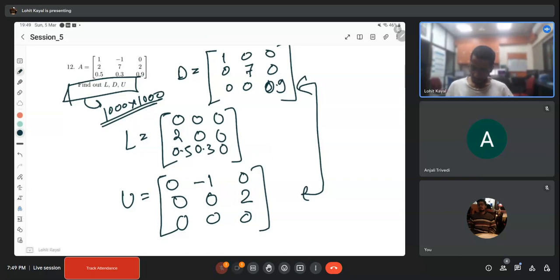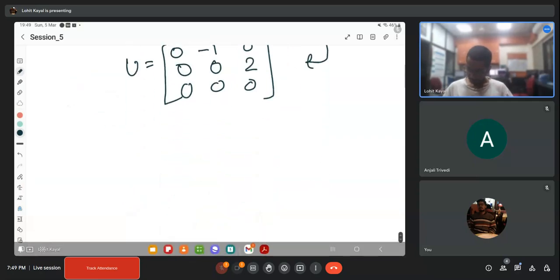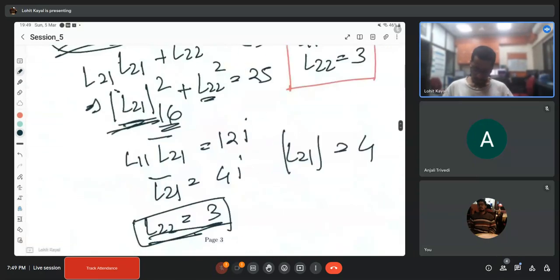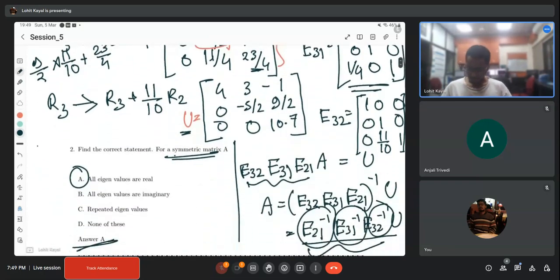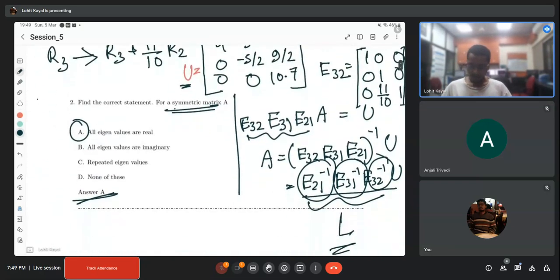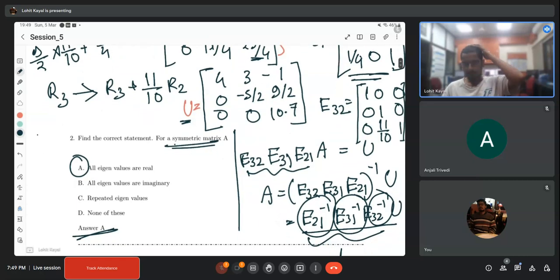Now we will move to the coding part. Before that, let me just solve this problem completely. So we have the expression for U. Now you just need to find out what L is, and you can find it very easily just by multiplying these matrices: E21 inverse, E31 inverse, E32 inverse.